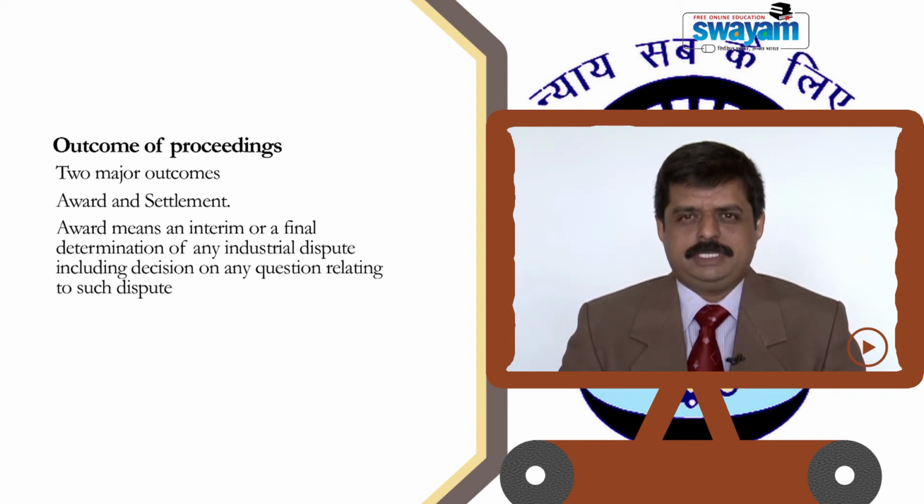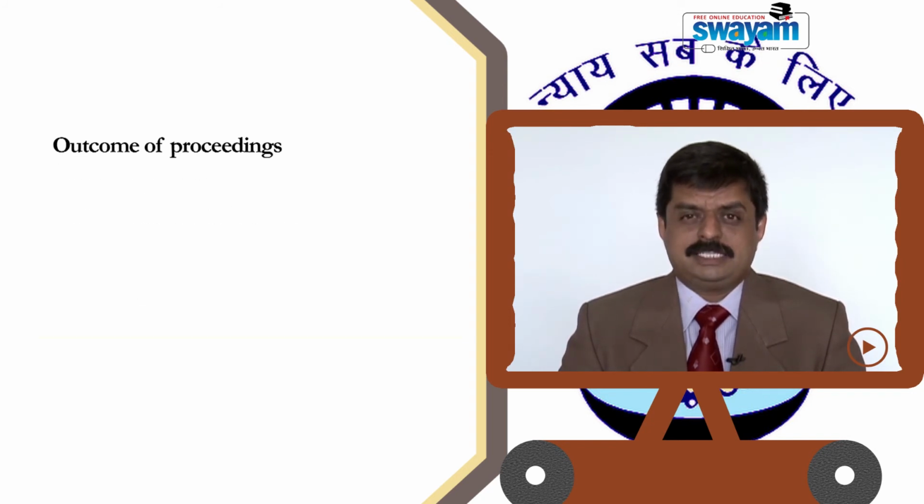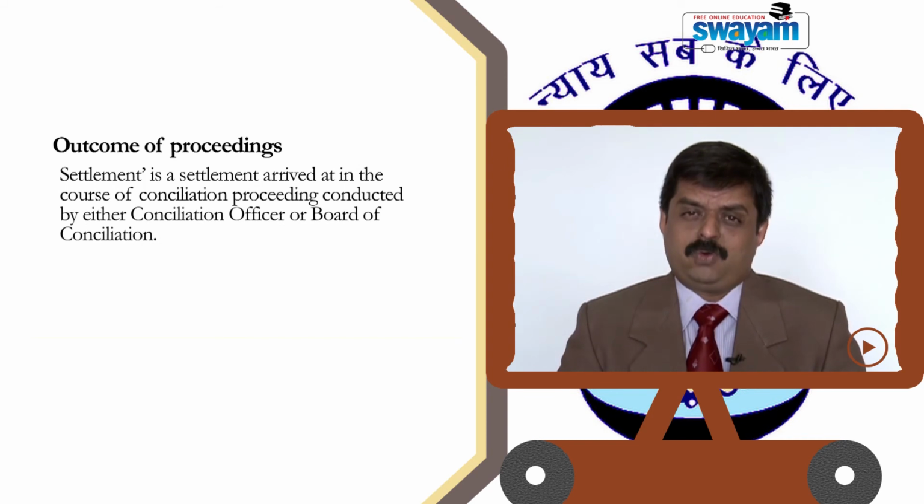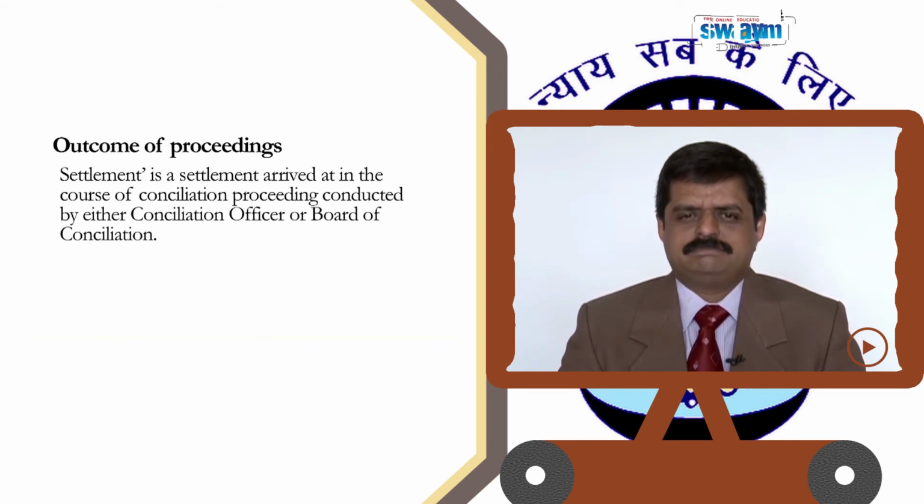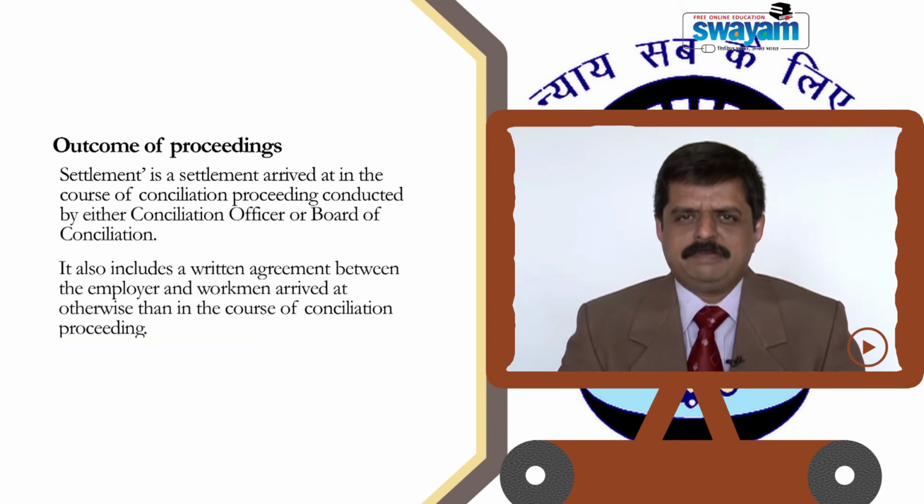The other outcome is settlement. The settlement is the outcome of cooperative methods like conciliation officer and board of conciliation. When this person takes the matter into consideration, the outcome would be a settlement arrived at by the parties.